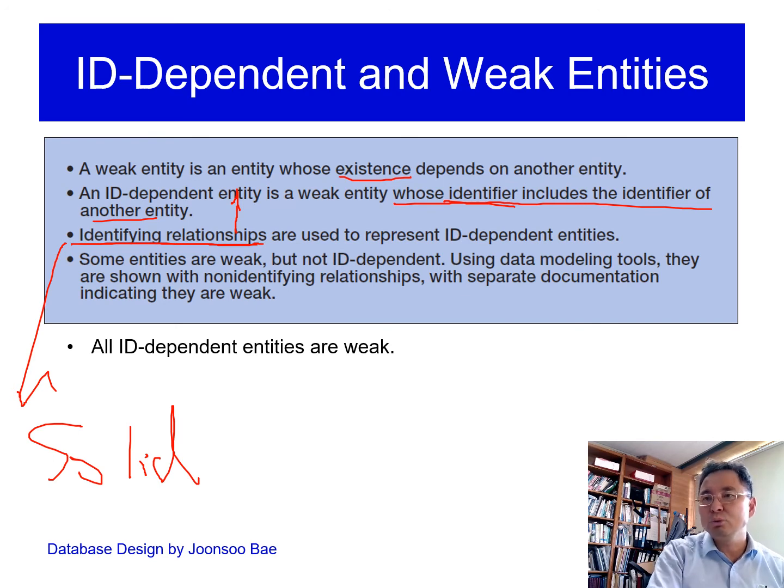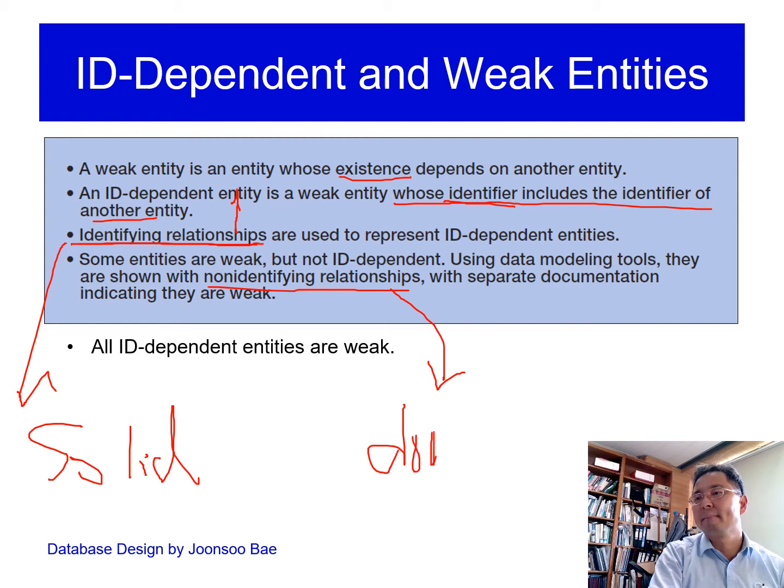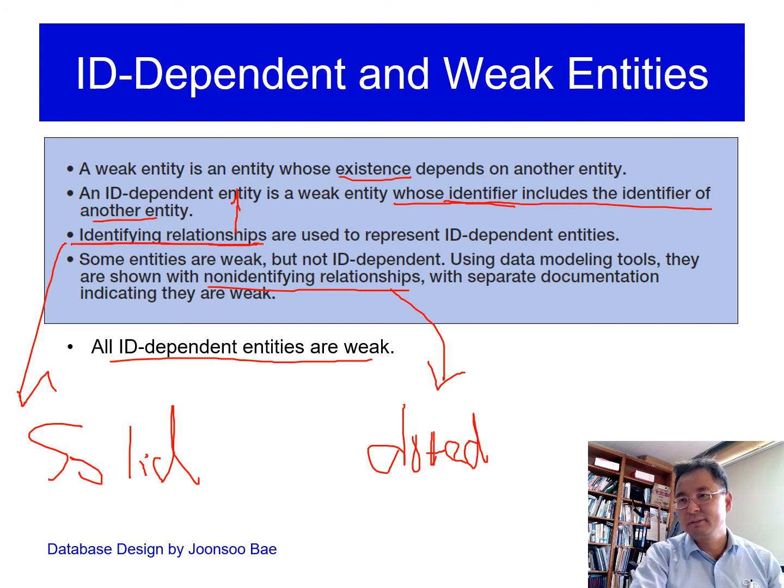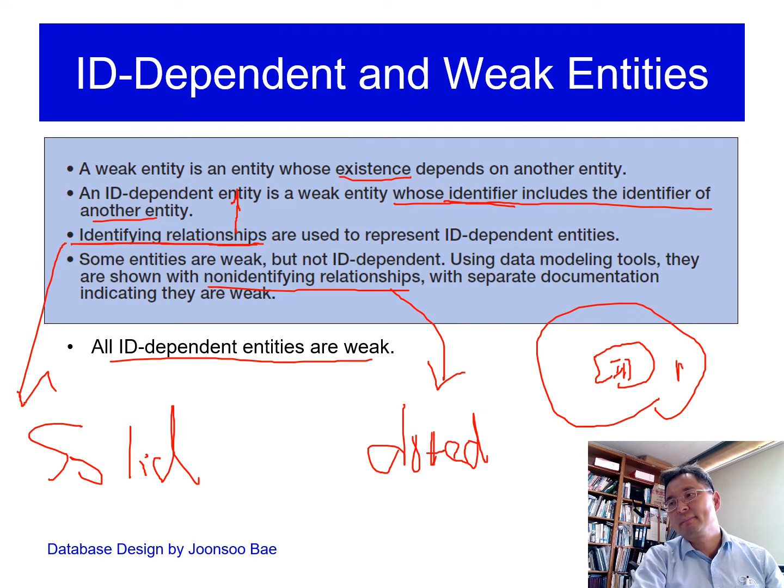Using data modeling tools, they are shown with a non-identifying relationship, a dotted line. So all ID dependent entities are weak entities, but the reverse is not true. Okay, so we can draw ID dependent entity, and the superset is weak entity. So ID dependent entity is a subset of the weak entity set.